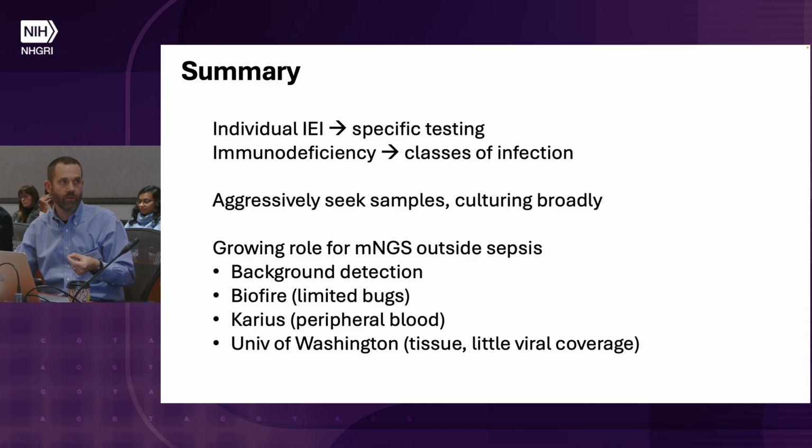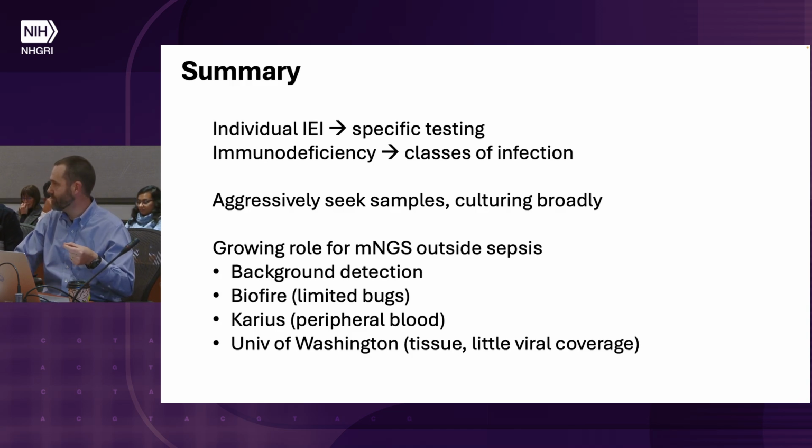Basically we try to aggressively seek out getting good samples and culturing broadly, and especially if you're worried about mycobacterial disease, culturing for a long time. And I think we're still figuring out what the role for metagenomic sequencing is. There's been substantial investments, both commercially and at large academic institutions, in making that available.